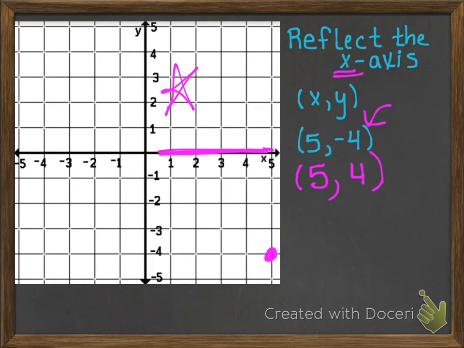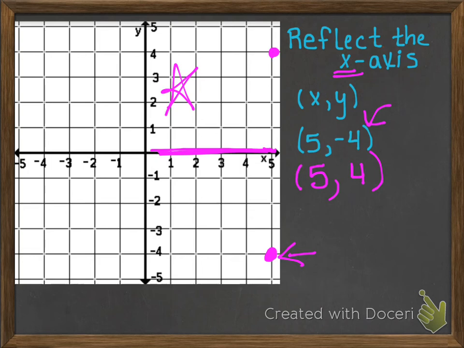It was -4, and now it's going to be +4. If I plot 5, +4, I'm still walking to the 5, and going up to the 4. This is the new location of my dot. That's exactly where it should be.